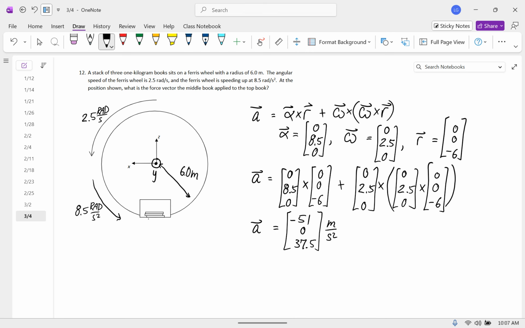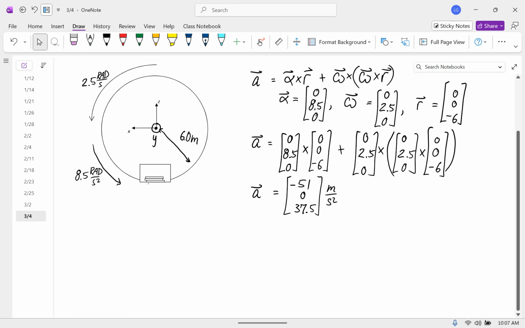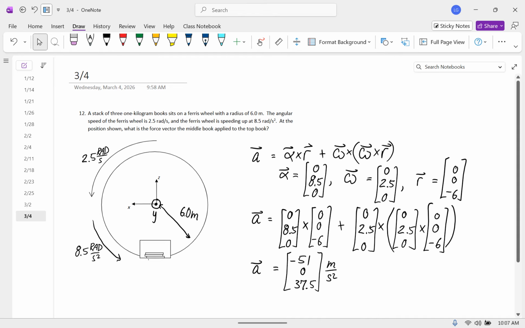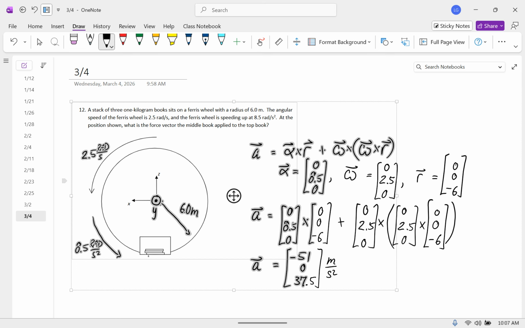And that's in this weird coordinate system. So now we're going to go to, what are we trying to find? At the position shown, what's the force vector the middle book applies to the top book? So we're trying to figure out a force on the top book. So let's just isolate the top book.